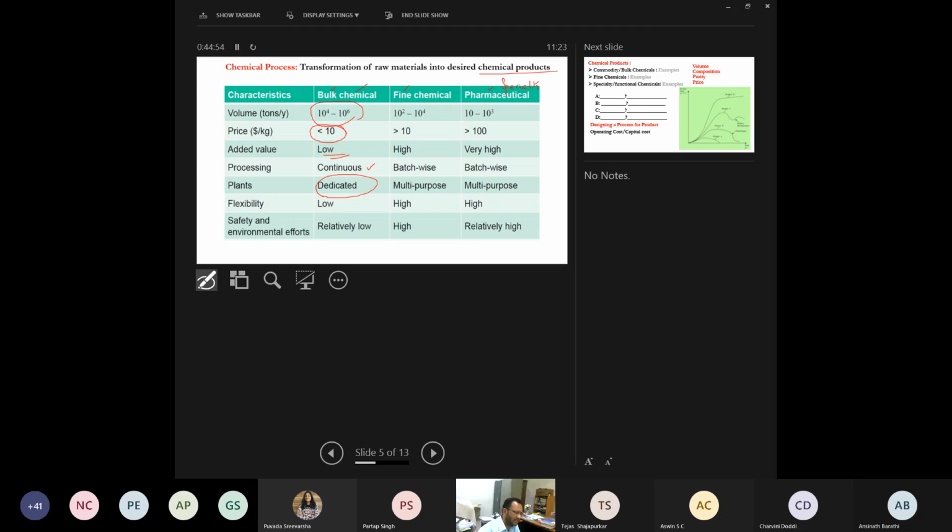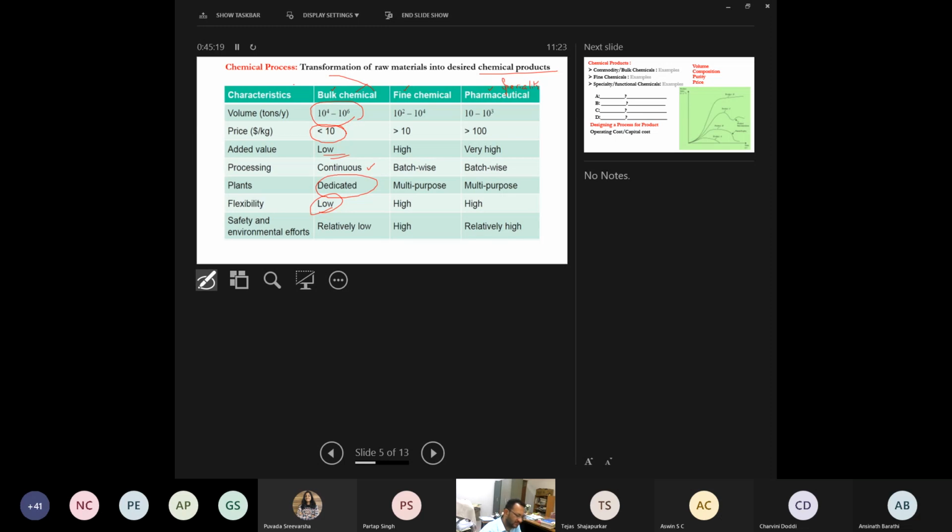As they are dedicated plants, the flexibility is very low. The bulk plant structure is very rigid in nature, so it doesn't have any flexibility. The safety and environmental efforts are relatively low. This is a general characteristic of bulk chemical process plants.